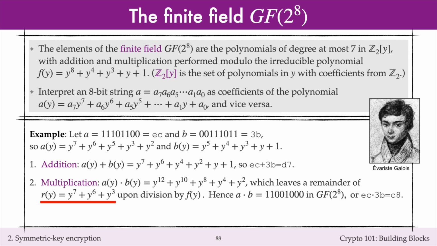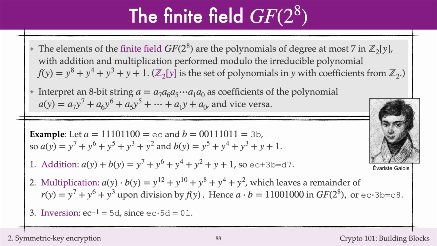Remember that coefficients are added and multiplied modulo 2. Hence, A times B is this byte, which is the byte representation of the polynomial r(y), which in hexadecimal is C8. So, I can write that the byte EC times the byte 3B equals the byte C8 in GF(2^8).